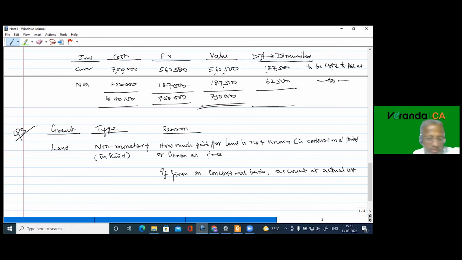Supposing fair value is 10 lakhs, 8 lakhs, and cash paid is rupees 1 lakh. Then account land at rupees 1 lakh.